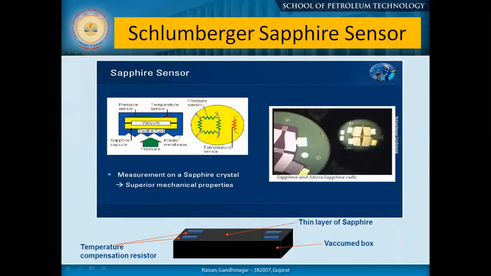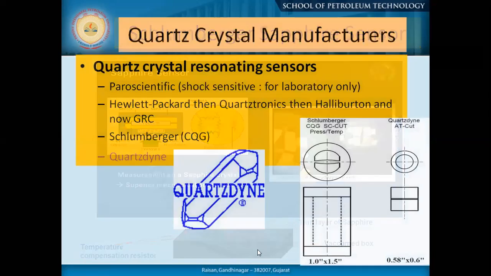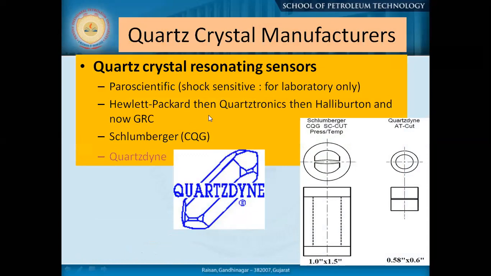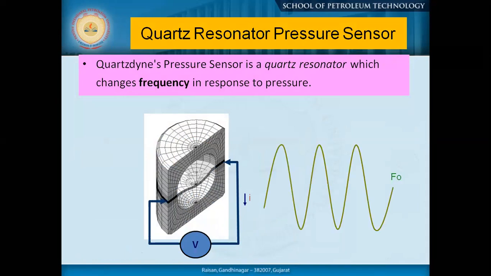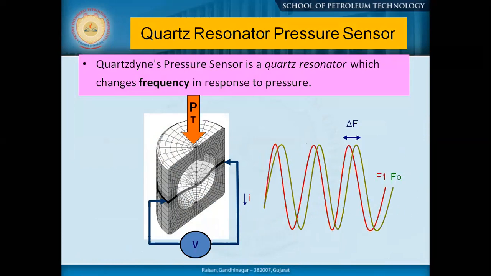This is the sapphire sensor, the Schlumberger sapphire sensor. If you go to the black part below, there is a vacuum box. They record your pressure and temperature as you program it. I'll show you the next diagram of how it records. Actually, this is recording the vibration of your piezoresistive mineral, and it records pressure and temperature values.